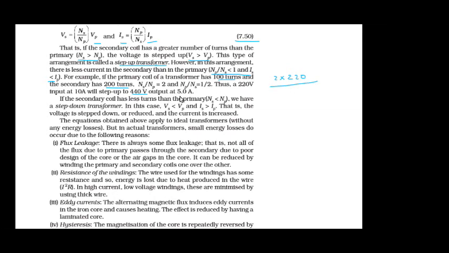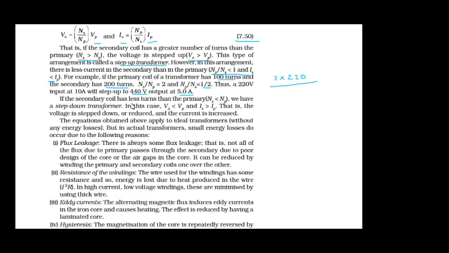The output current will be 5 ampere. Why? 10 ampere divided by 2, the current is halved, so it is 5 ampere.